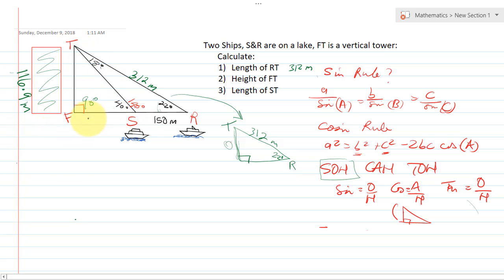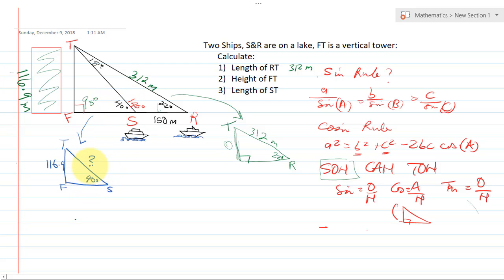If we notice, ST is also another right angle triangle that I'm going to attempt to draw here. This is SFT. We know that this side is 116.9 and we do not know what ST is. And this angle here is 40 degrees, as we have seen over here, right?